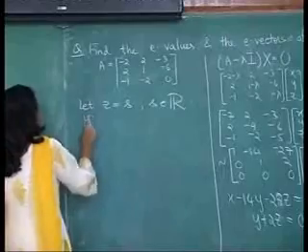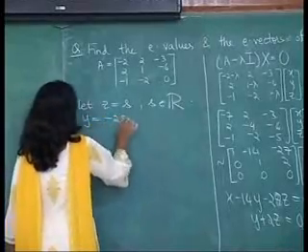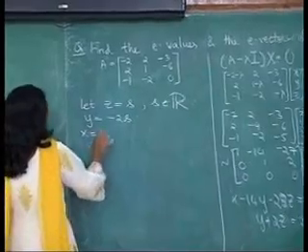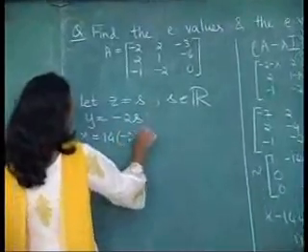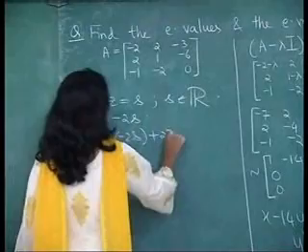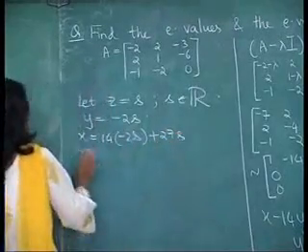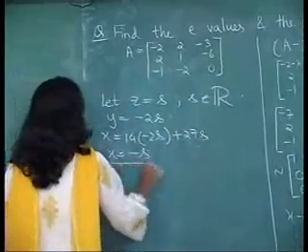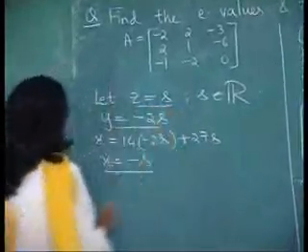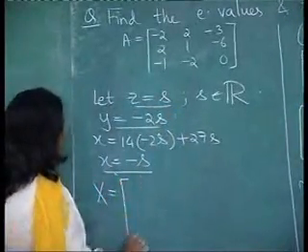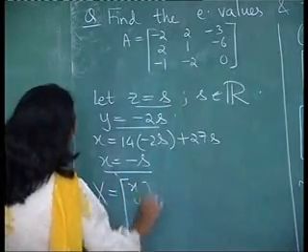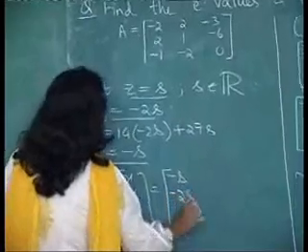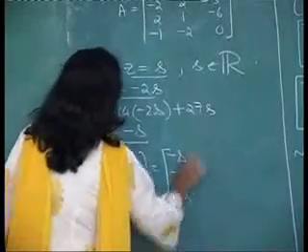So in that case, y will be equal to -2z, and from the first equation we get x equal to 14y plus 27z. So x will be -28 plus 27. x will be -z. Let z equal s. So if we look at the vector x, it will be -s, -2s and s.